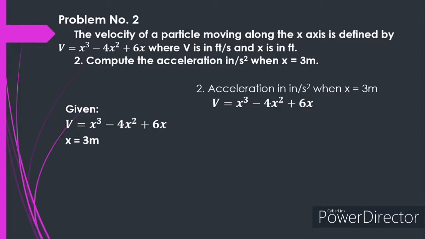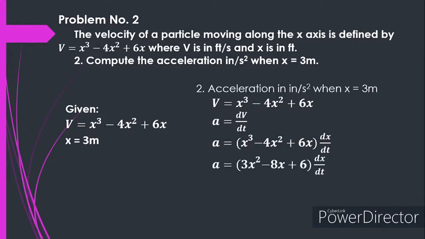So, di ba si acceleration natin ay dv over dt. Take note class, si velocity given natin ay hindi siya with respect to time, but with respect to distance x. Therefore, kapag dinifferentiate natin siya, will result to differentiation of v times dx over dt.